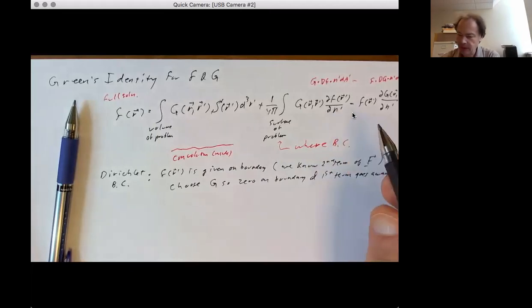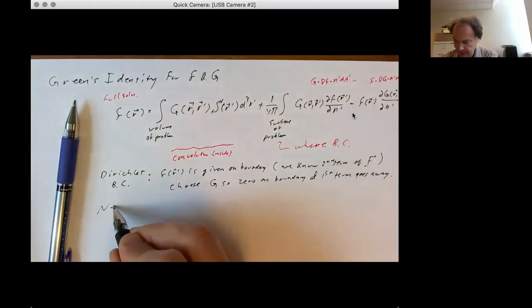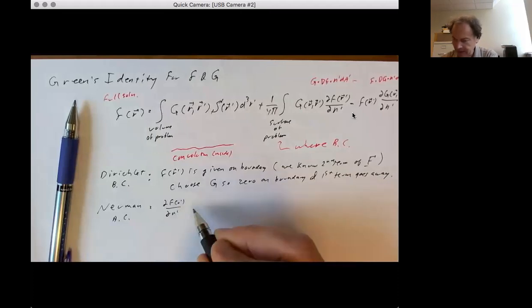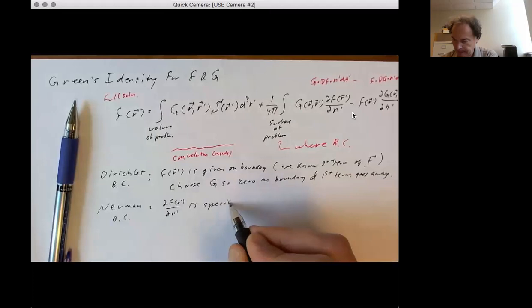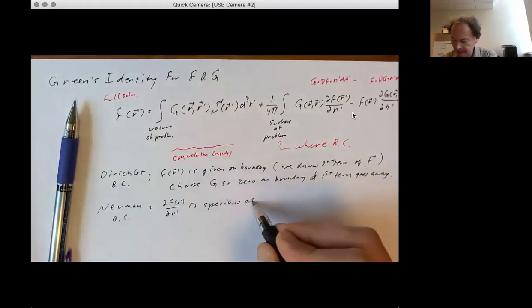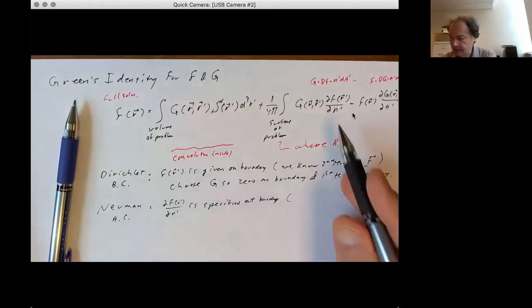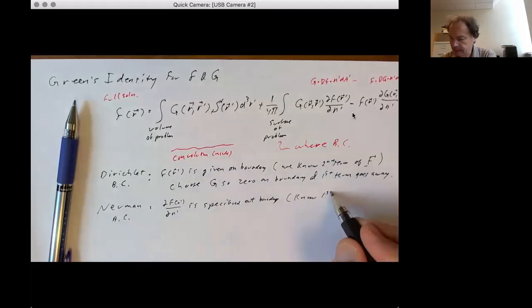If you have Neumann boundary conditions, it means that partial f of r prime, partial n prime, is specified on the boundary. And that means we know the first term over here. And so we want to get rid of the second term.